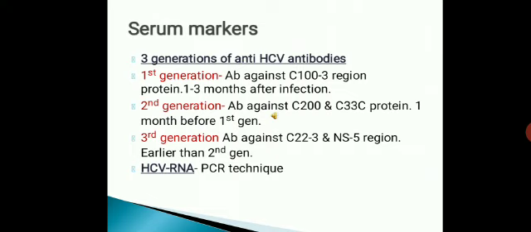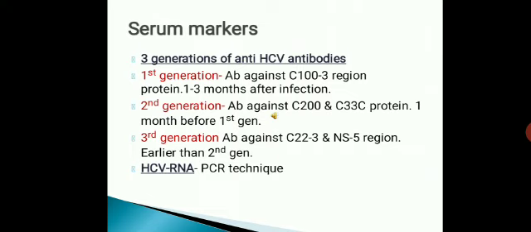The serum marker of this virus: it has 3 generations of antibody depending upon its time of appearance in the blood. First generation is antibody against C100-3 region of the protein. This appears 1 to 3 months after infection. Second generation is antibody against C200 and C33C protein.